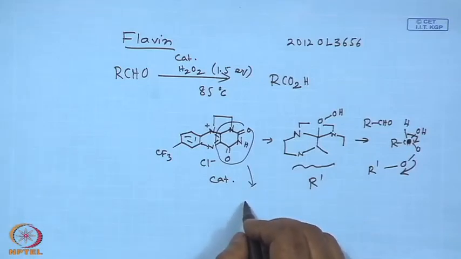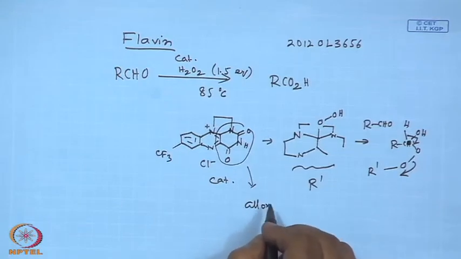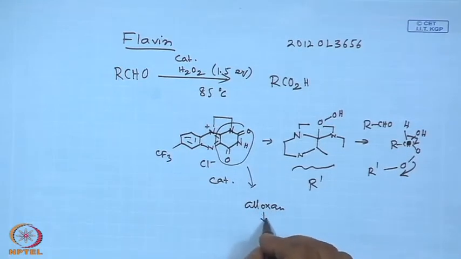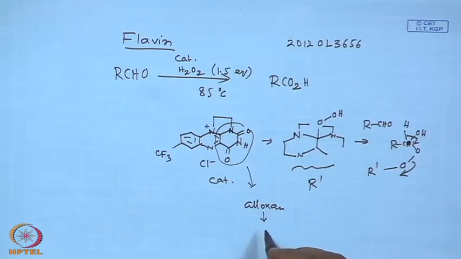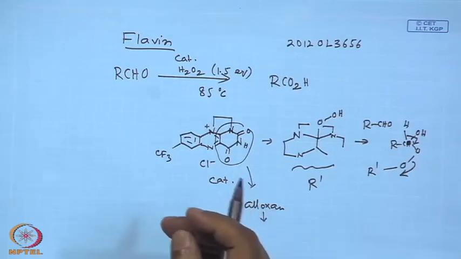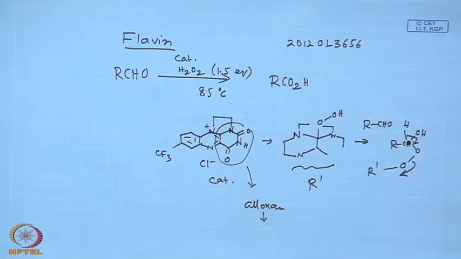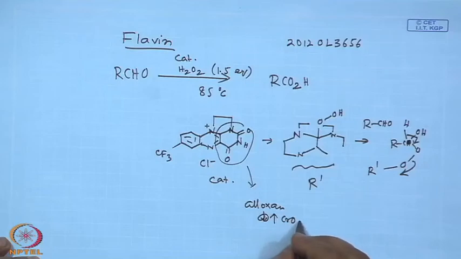Alloxan comes from barbituric acid. What is barbituric acid? Anybody knows? How do you make it? Barbituric acid is a condensation product of diethyl malonate and urea. If you oxidize that with chromium trioxide, you will go to this compound.